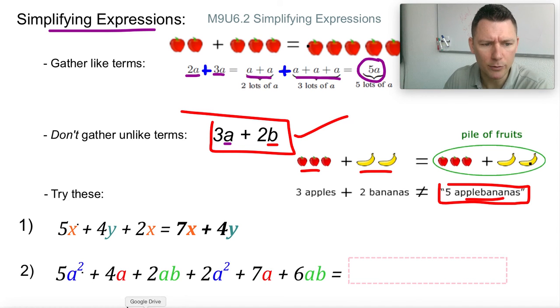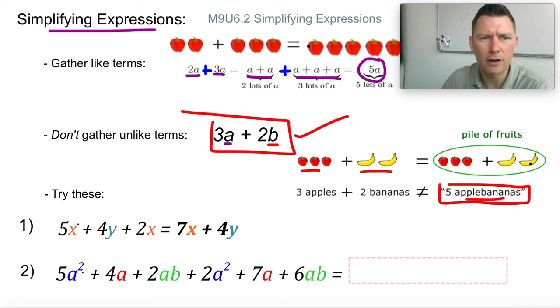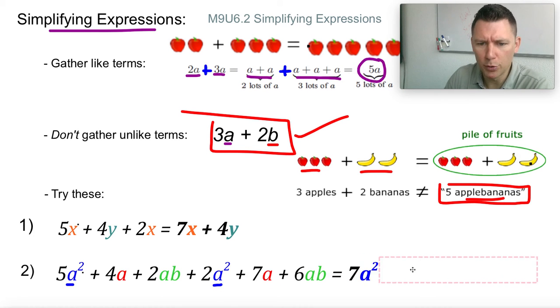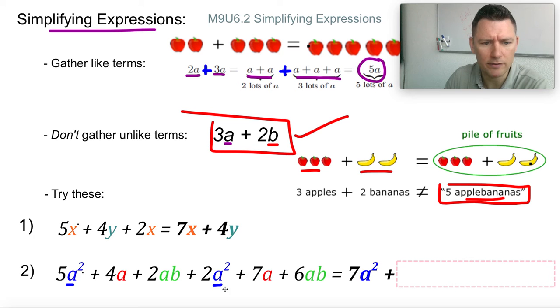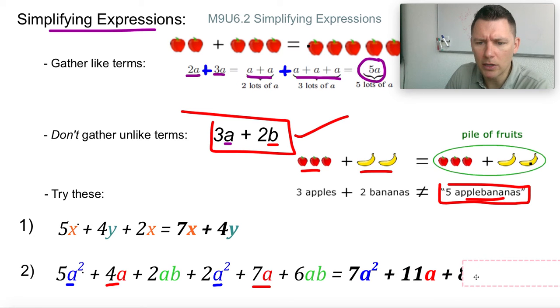We can do the same thing with all this mess. If you look at it with your nerd goggles on, there are a's and b's. This is a's and b's and a squareds. So a squareds and a squareds. Maybe put those first. So we've got 7 a squareds. And then there's 4 a's and 7 a's there, so we end up having 11 a's.